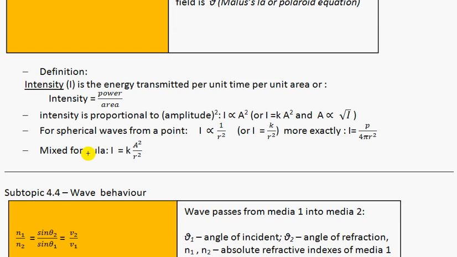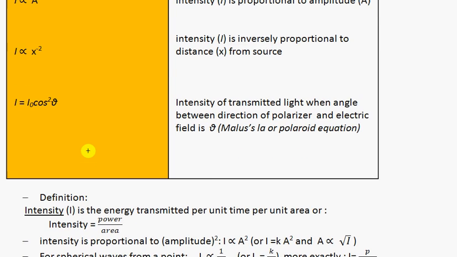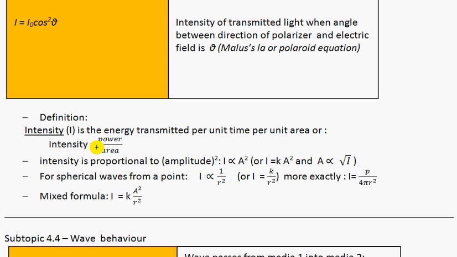Useful definitions. Intensity is actually energy transmitted per unit time per unit area. To have energy per unit time we use power, so it is power over area. How much power falls on a unit area.